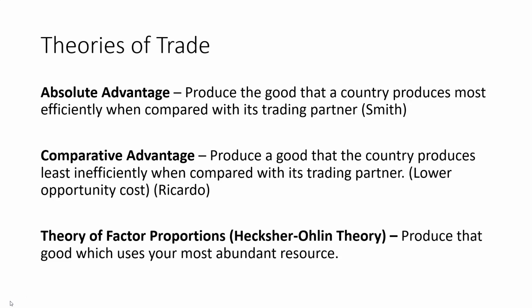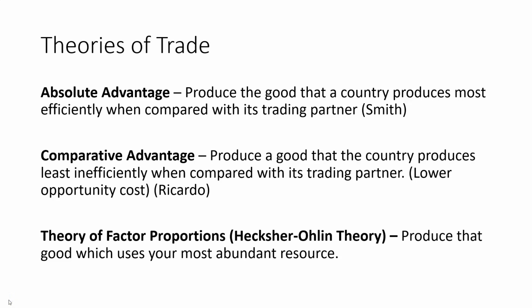Now, there are three major theories about what you should make to trade. The first is the theory of absolute advantage. The theory of absolute advantage tells us that a country should produce that good which it produces most efficiently when compared with its trading partner.